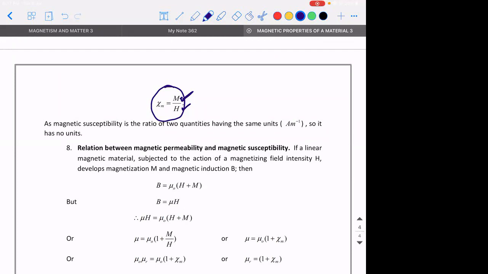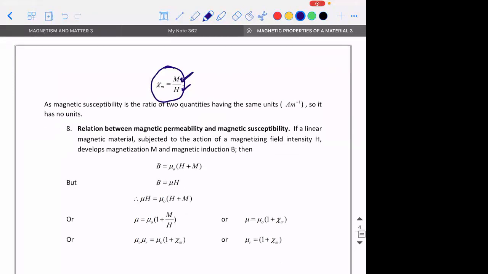Okay. The last point is the relation between magnetic permeability and magnetic susceptibility.